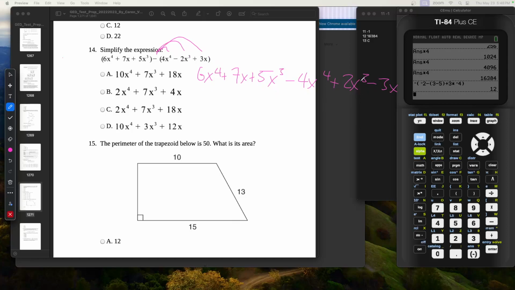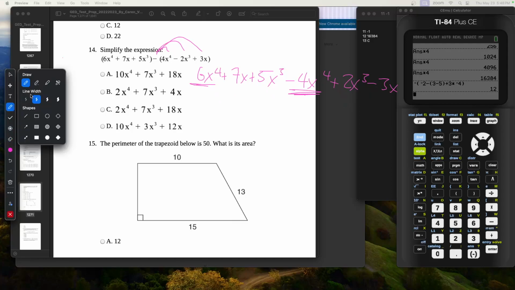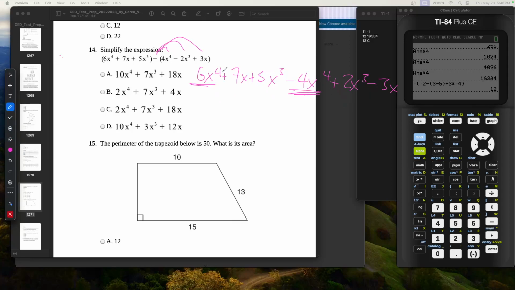Okay, so here hopefully you can see the like terms, right? Let's go ahead and start with 6x to the fourth minus 4x to the fourth. What is 6x to the fourth minus 4x to the fourth? Well, there's only two options. Is it 10x to the fourth, or is it 2x to the fourth?